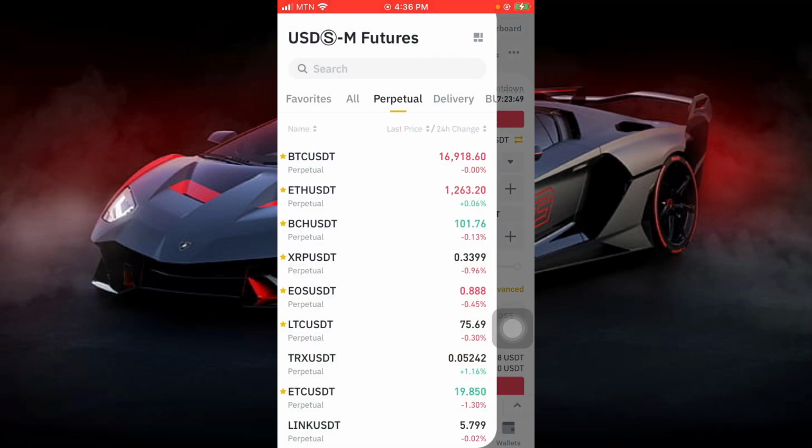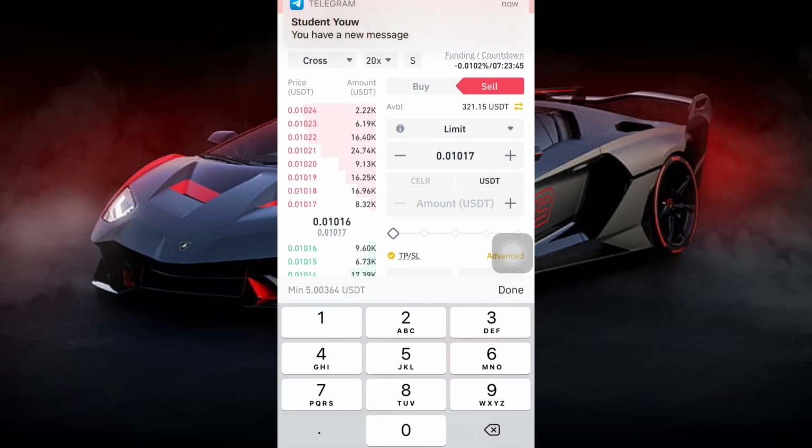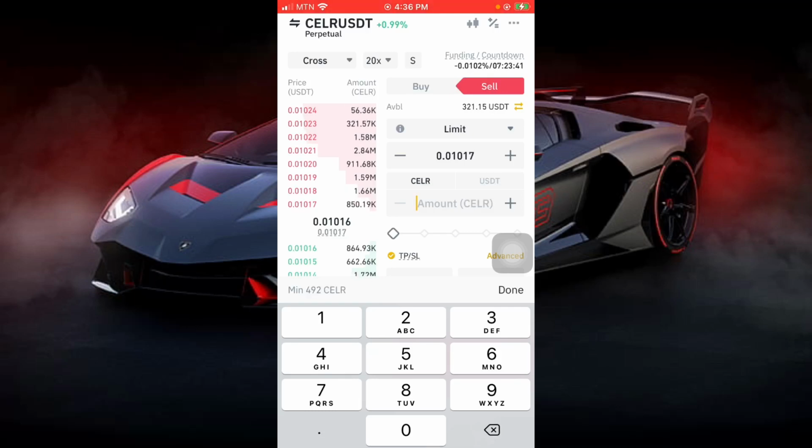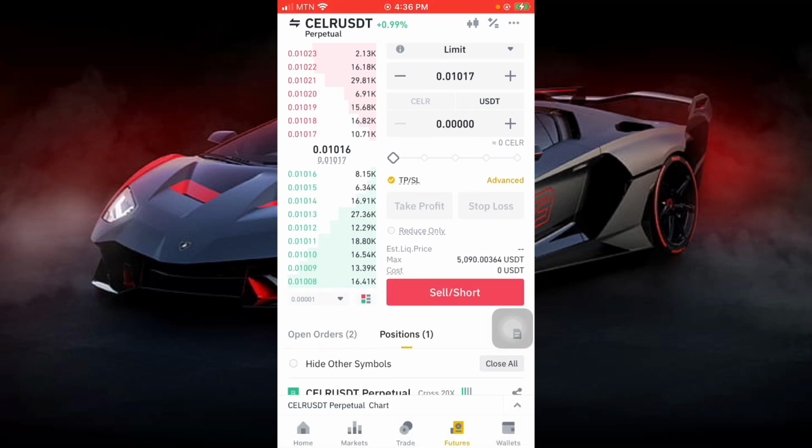Then we have the amount in USDT. This is the amount you should be using. Don't use the seller price, use the amount. Just leave it at amount in USDT. Just below the amount in USDT, when you are dragging it, you can see the cost changing.